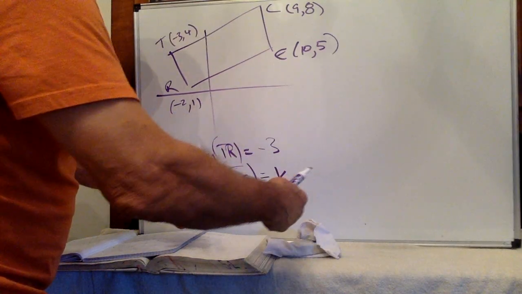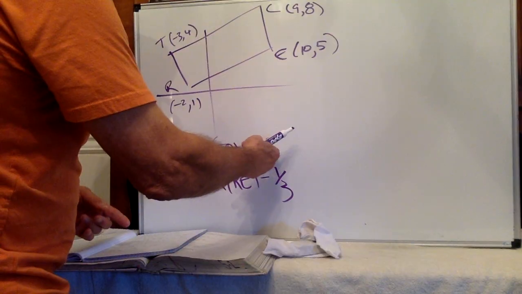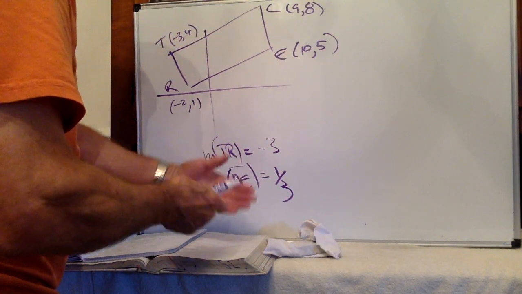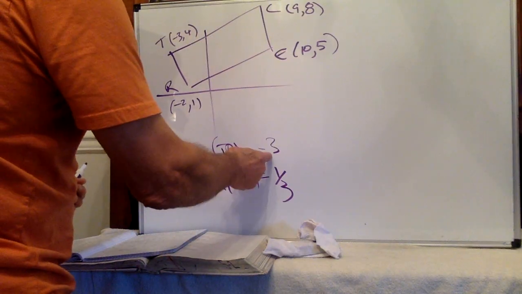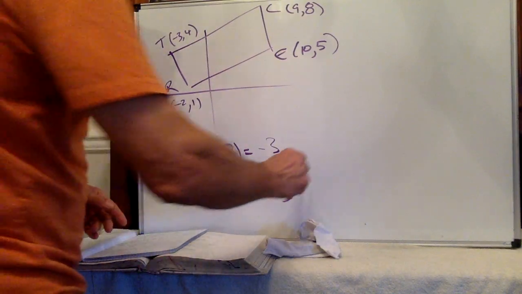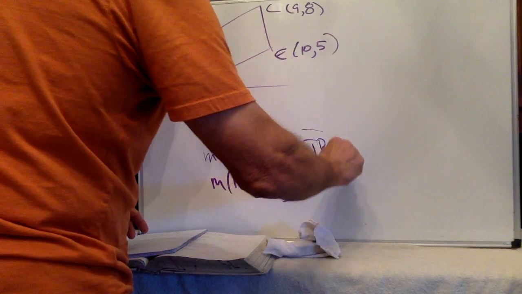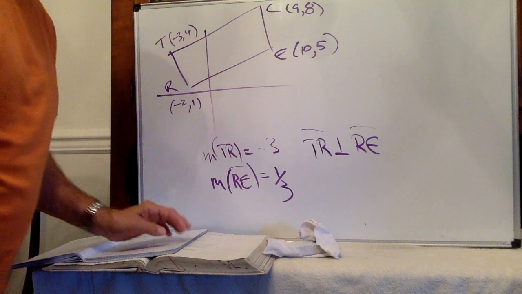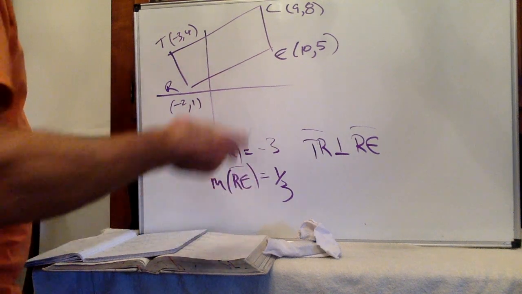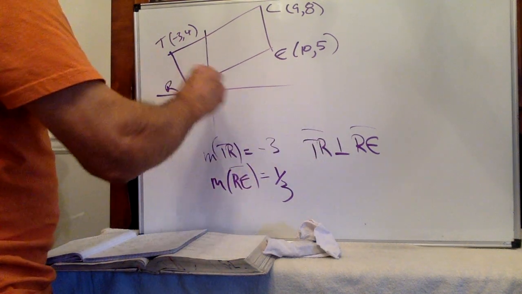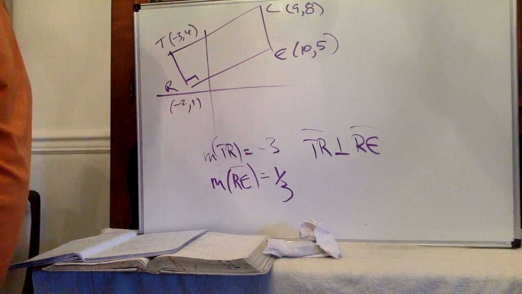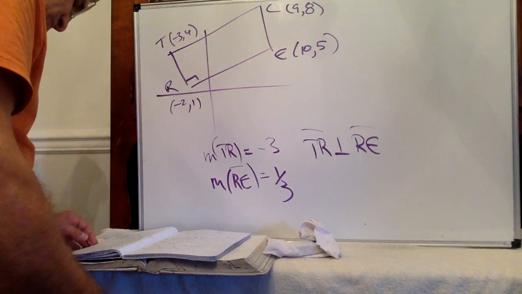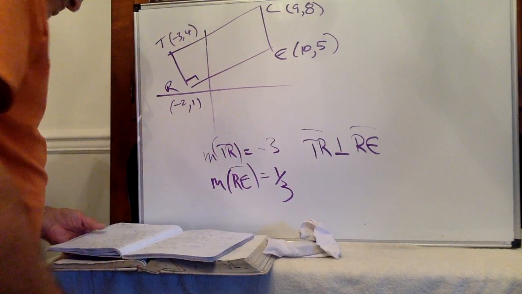If you turn 1/3 over and negate it, you get negative 3. Negative 3 over 1, turn it over, you get 1 over negative 3, and negate it, you get positive 1/3. These numbers are negative reciprocals, therefore TR is perpendicular to RE because their slopes are negative reciprocals, and by the definition, lines are perpendicular if they intersect at right angles. So TR is in fact perpendicular to RE.